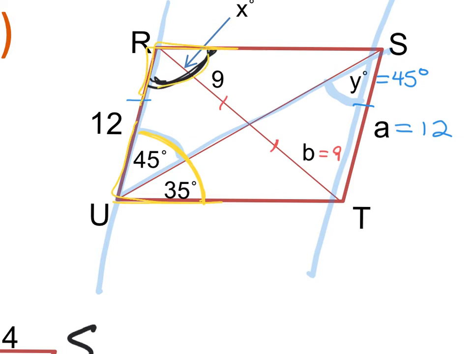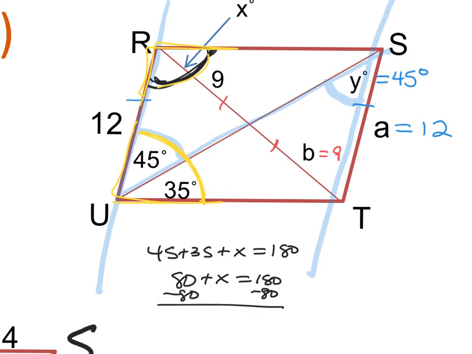So I'm going to do 45 plus 35 plus x equals 180. 45 plus 35 is 80. Subtract 80, and angle x is 100 degrees.